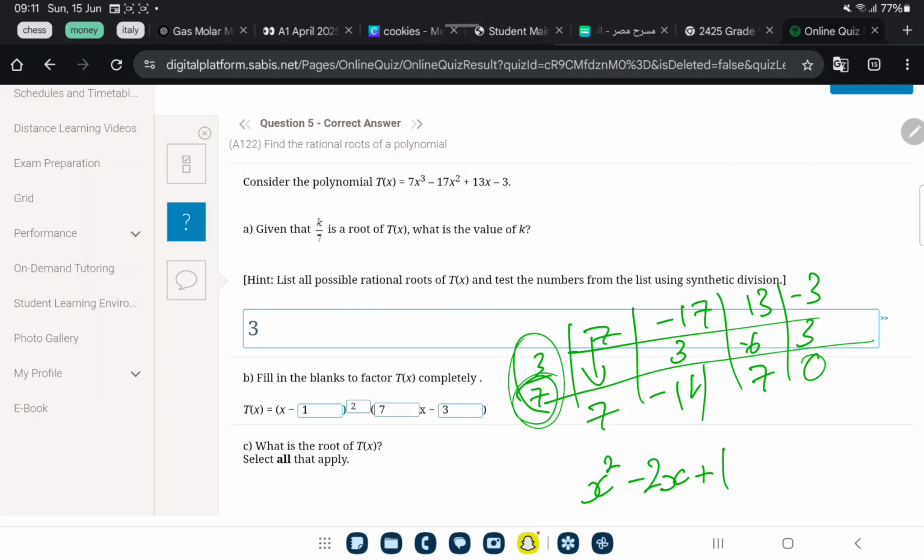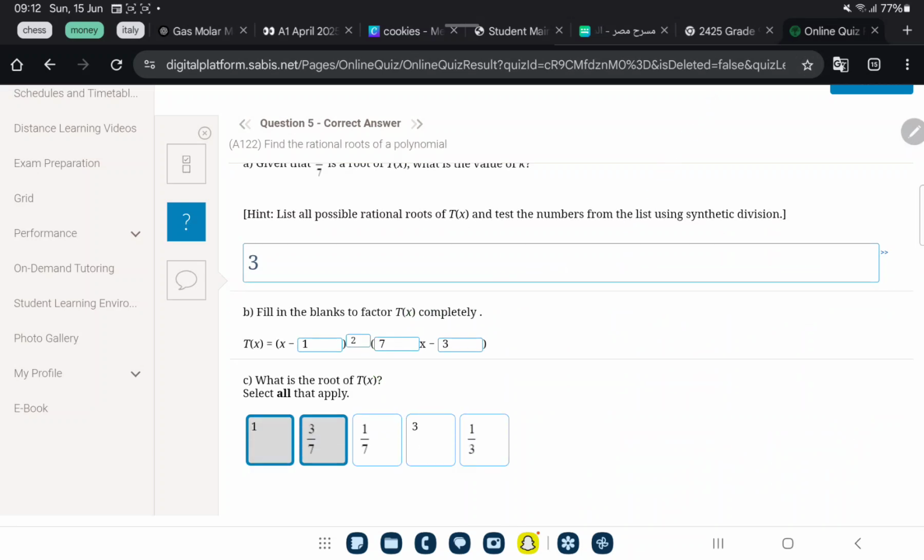So here you can tell that it's a perfect square, because of the form that it's in. So it is x minus 1 squared, x minus 1 squared, and 7x minus 3. Last part, they want the roots of t of x. We got 3 over 7, and the other one, x minus 1 equals 0, so x equals 1.